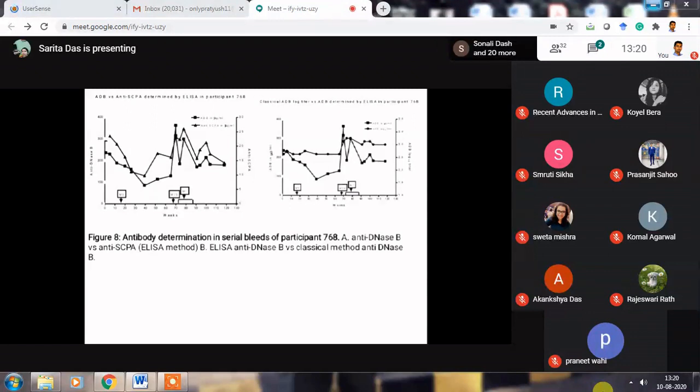We can't see the week-wise differences, how it rises and how it falls with exposure to the group A infection. It is not clearly demarcating, it is somewhat stiff, but in case of ELISA, it is much more sensitive to the rise and fall in ADB levels.